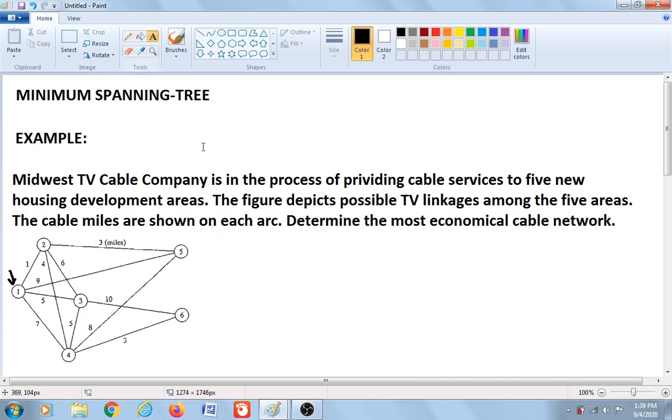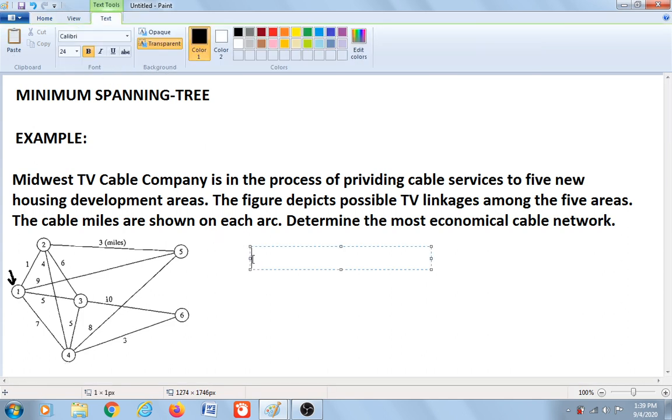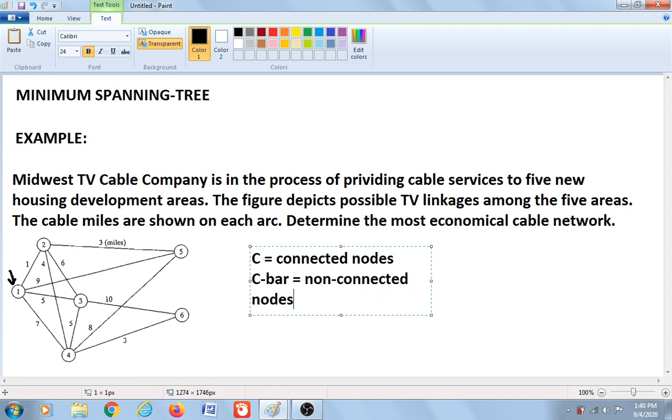Now, let's label C as the connected nodes, and we label C bar as the non-connected nodes.